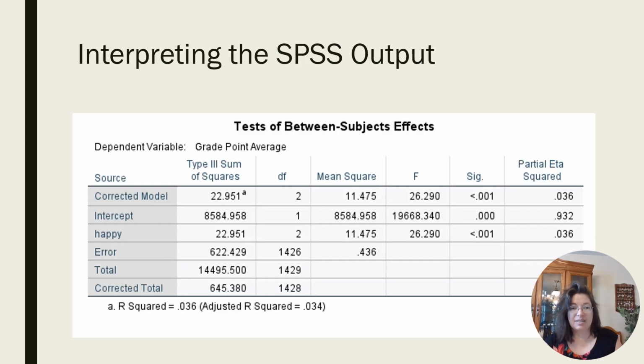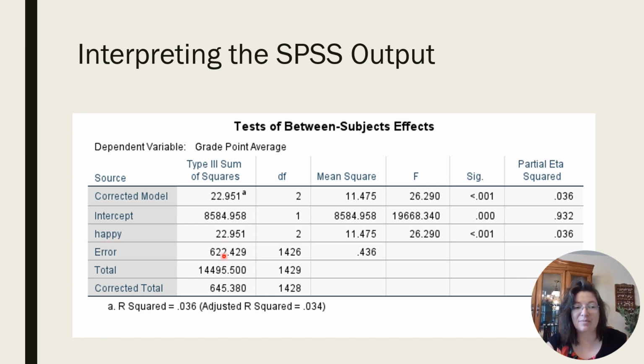And then the next table is the actual results. Now, I know this is very, very complicated, but there's just a couple things that you need to focus on here, and that's this here, where it says happy, that's your variable. That's the only row that you need to examine.